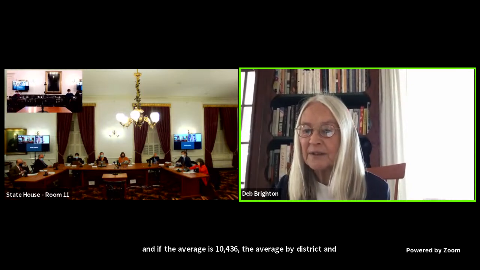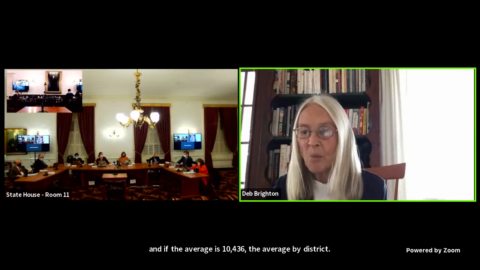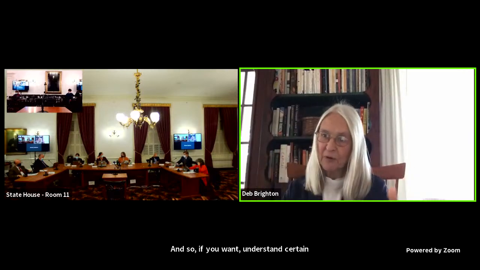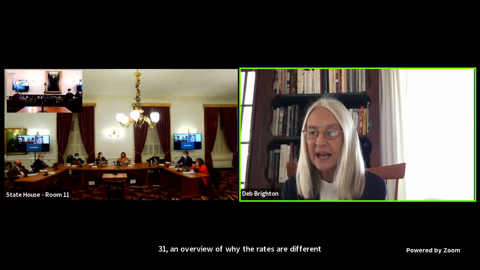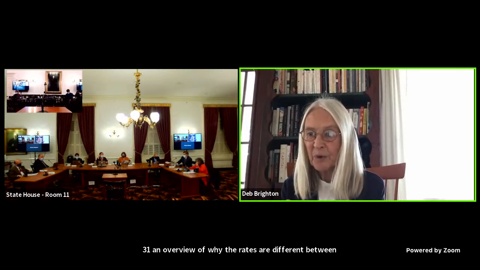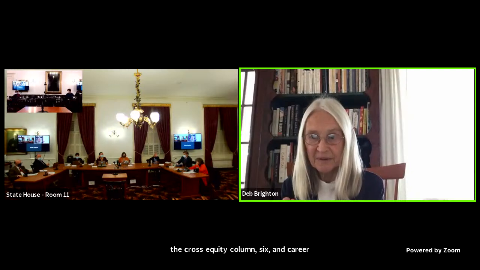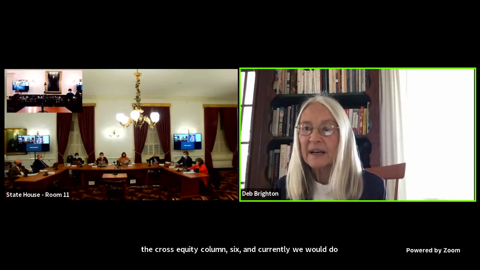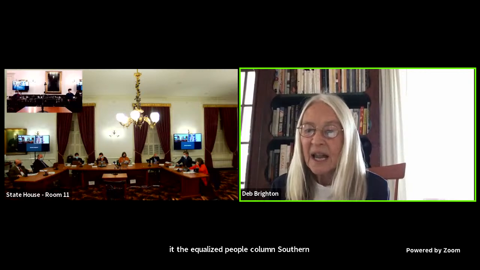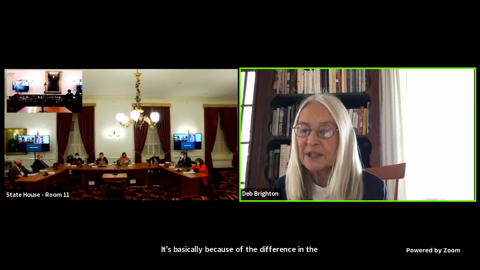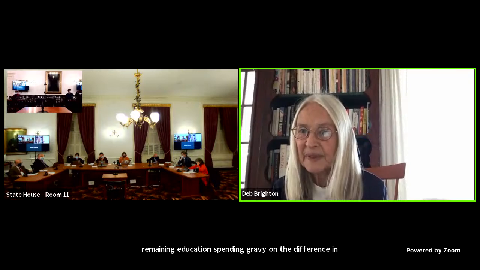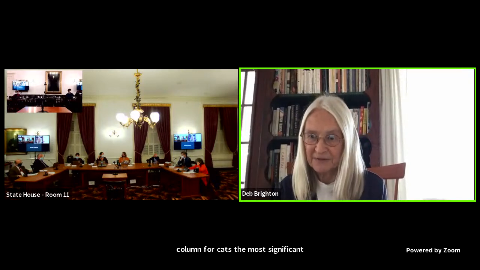And so if you want an overview of why the rates are different between the cost equity column 6 and the current way we would do it, the equalized pupil column 7, it's basically because of the difference in the remaining education spending per ADM, the difference in column 4. That's the most significant difference.